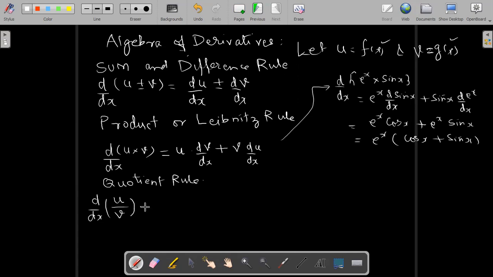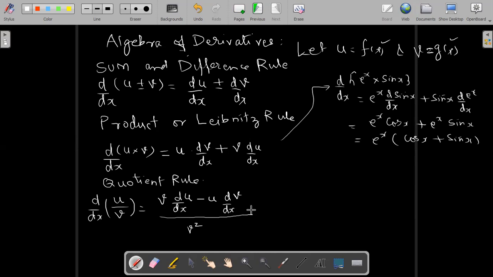Remember, you will first write v. It is important to write the denominator first, then the differential of the numerator, d by dx of u, then minus will come. Now leave u, and then the differential of v, d by dx of v. Then the whole divided by the square of the denominator.